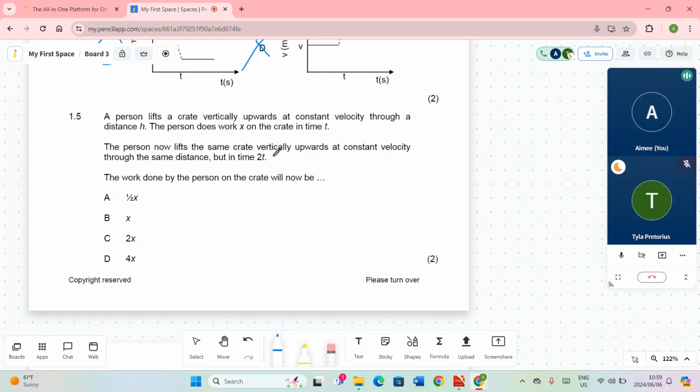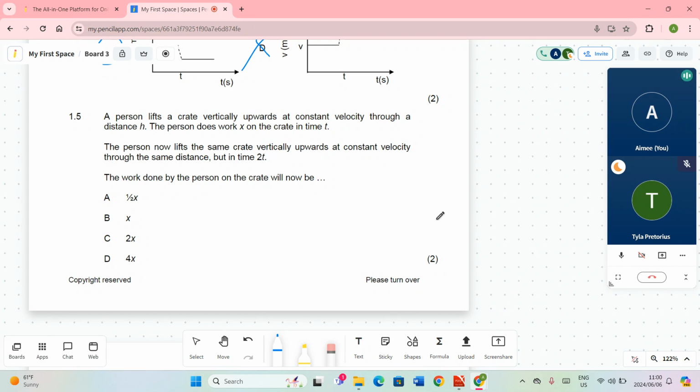Okay, so they're saying that the crate weighs the same, the crate is being moved the same distance, but in scenario 1, I'm moving it in time t, and in scenario 2, I'm moving it in time 2t. So in scenario 1, I'm moving it that same distance faster, and in scenario 2, I'm moving it that same distance slower.